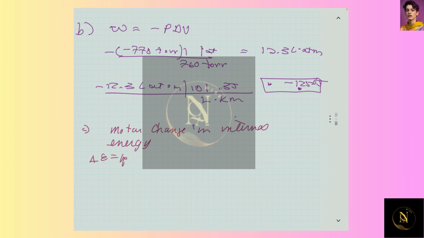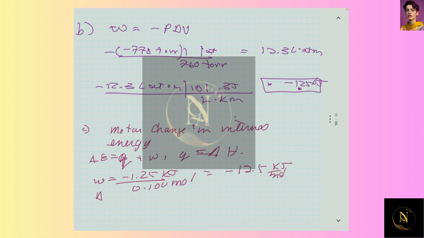So delta E equals Q plus W, where Q equals delta H because we're at constant pressure. So I'm going to get W is equal to negative 1.25 kilojoules per 0.100 moles. This will be negative 12.5 kilojoules per mole.